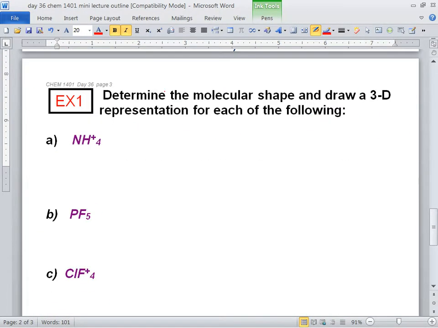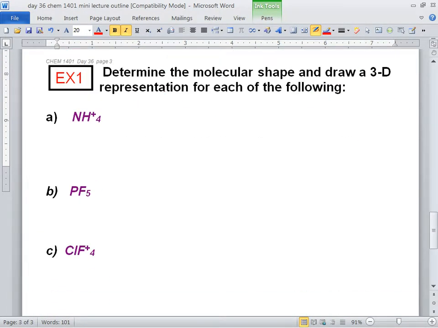So we are drawing these guys. We are working on ammonium.